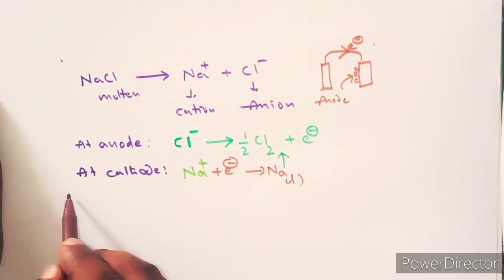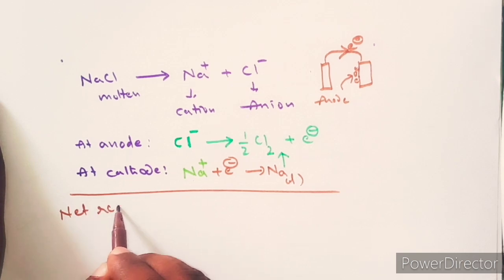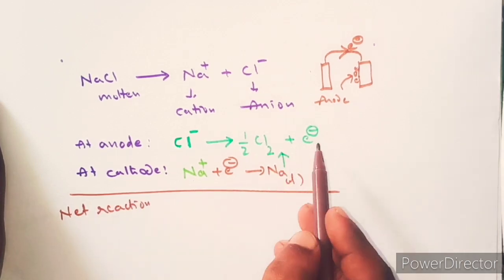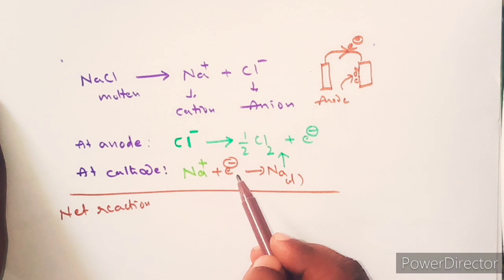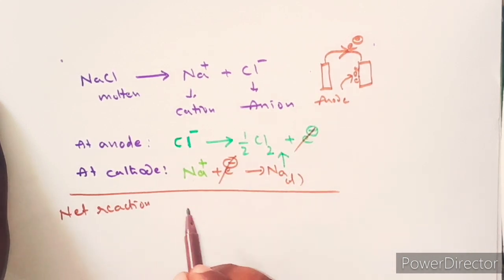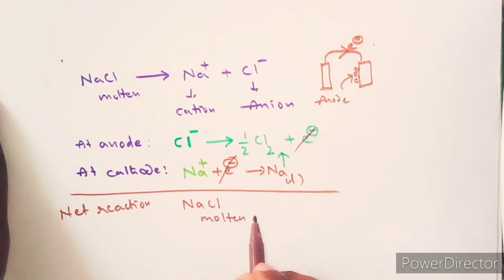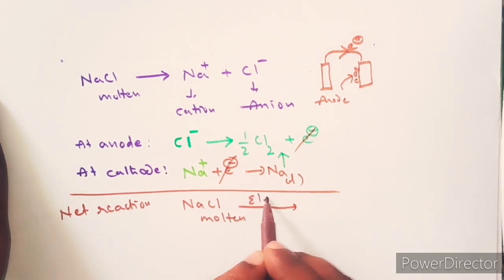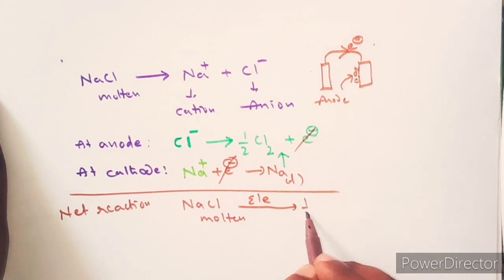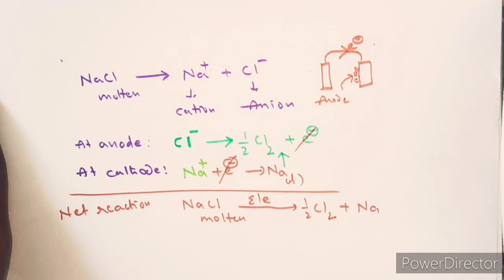Now if you write the overall net reaction, the same particles on the reactant and product side will get cancelled, so electrons can be cancelled. When you take sodium chloride, in which sodium ions and chloride ions are in the molten state, and subject it to electrolysis, chlorine gas is liberated and sodium metal is deposited.